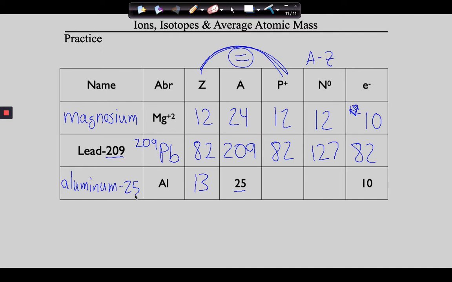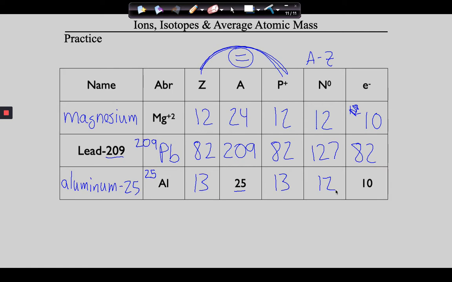We need to indicate that we are not using the average mass off the periodic table. But that 25 not only goes there, it also goes here. So aluminum 25. Now guys, the number of protons is always 13, or it's not aluminum. Then to come up with the number of neutrons, it's atomic mass minus atomic number, so this is 12.